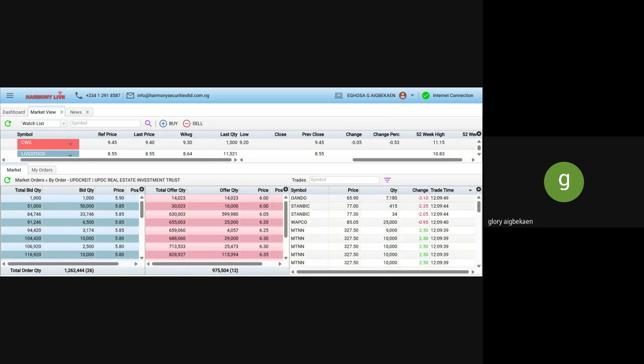I checked the trading platform. There's no negative news with regards to the banks. I don't know what they are reacting to now.